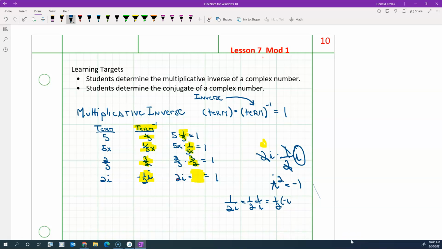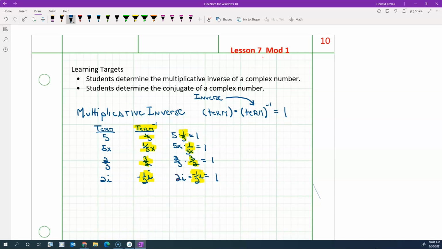And this would be negative i. And that's where you get negative 1/2 i. Are we okay with that? Okay. So our multiplicative inverse would be negative 1/2 i.